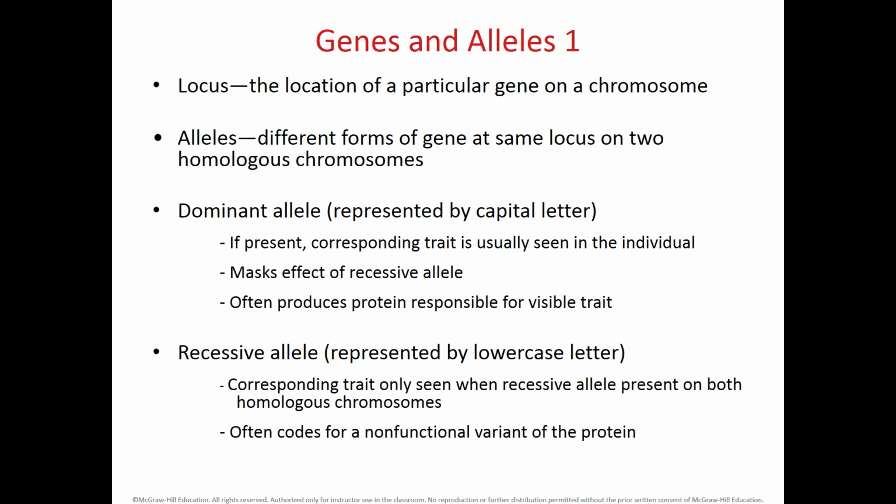In your eyes, one allele will be blue, the other allele can be brown. And for instance, for the color of the eyes, the brown allele, or version of a gene, is dominant over blue.